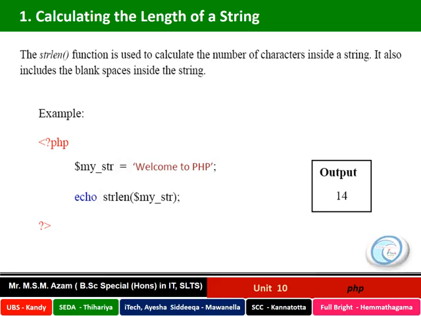When you see the output, you will find the number of characters within the sentence "welcome to PHP" is 14. That includes all the spaces too.